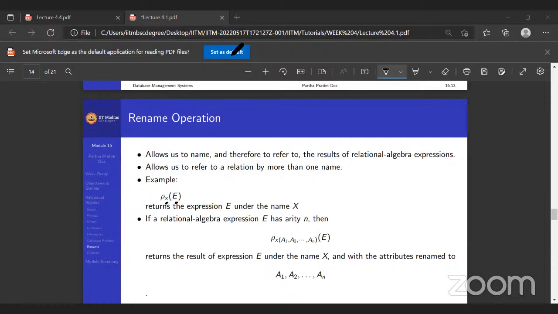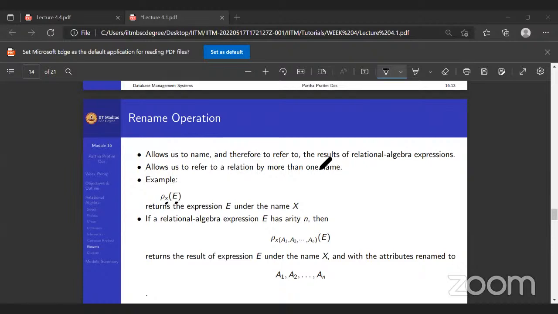I'm telling you, this expression E will be based on some set operations, and it will always give one single table or relation. It will return a resultant set, right?